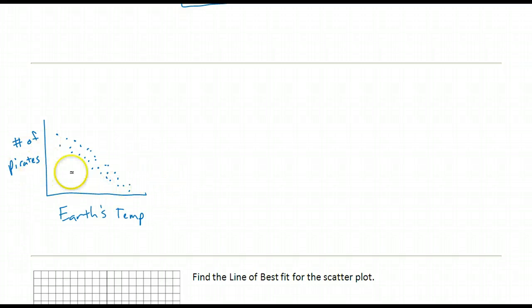There is a correlation between these two sets of data, but there is no causation. If there was a causation, in order to stop the Earth's temperature from rising, all we would have to do is increase the world's pirates. So there definitely is correlation here, just not a causation.